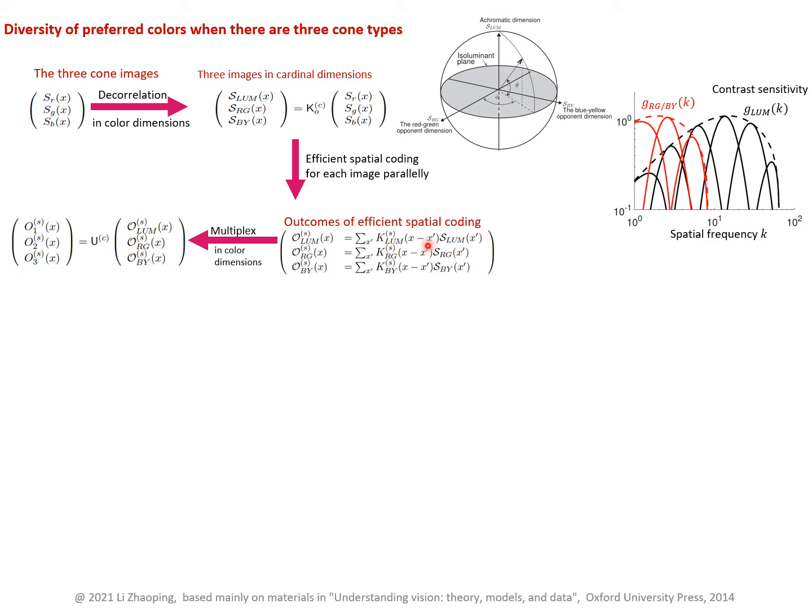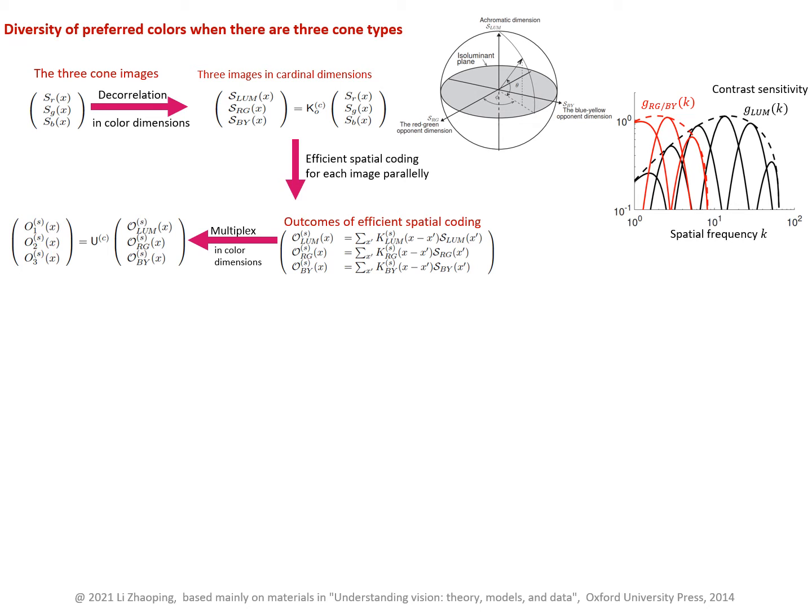And there are three filters, one for the luminance channel, one for the red-green channel, and one for the blue-yellow channel. And these three filters for any scale, low frequency or high frequency scale, are then multiplexed in three-dimensional cone space to arrive at three populations of neural responses, O1, O2, and O3.